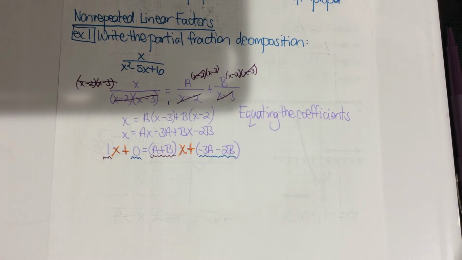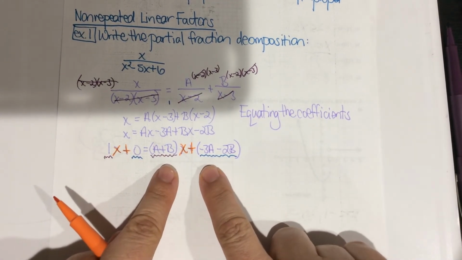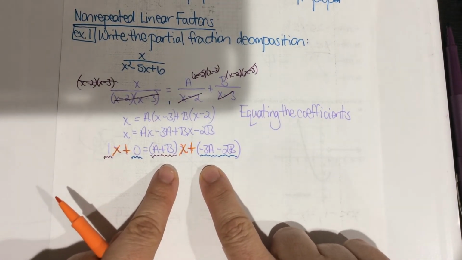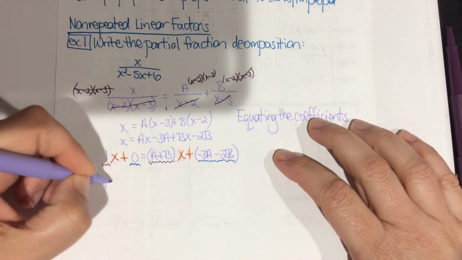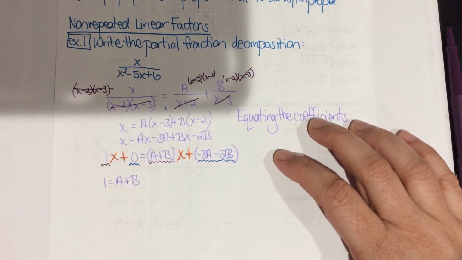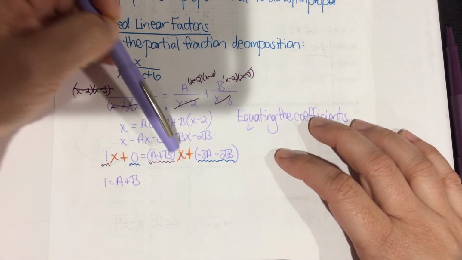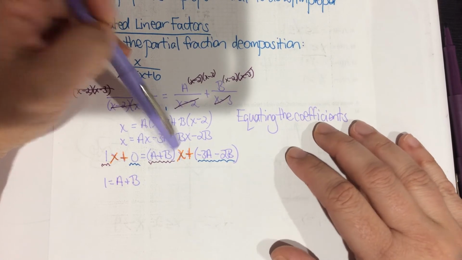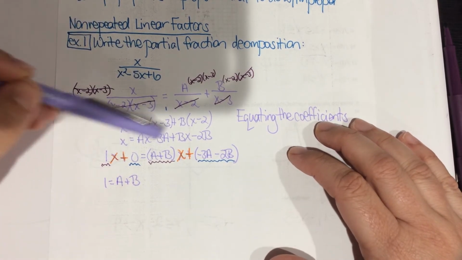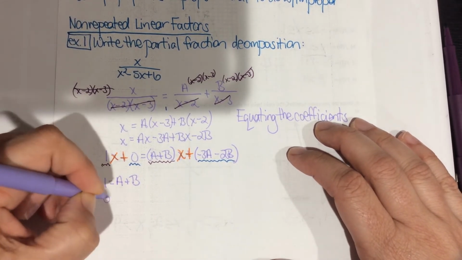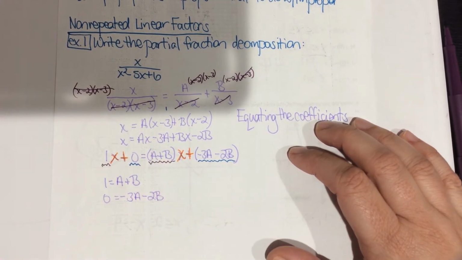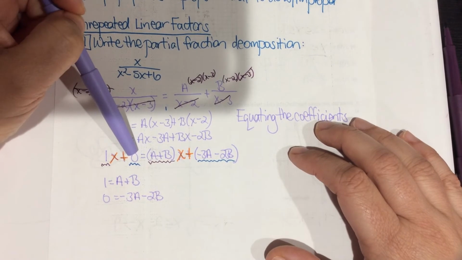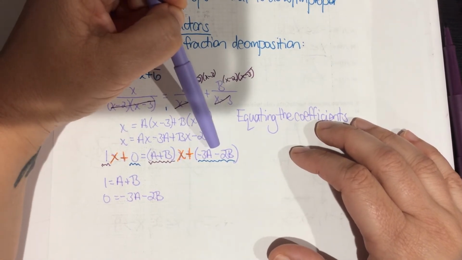Do you see that? This side is a lot more complicated, but it's the same format. If the left side equals the right side, then I know for sure that 1 has to equal A plus B. There's no way around it. The coefficient of x has to equal the coefficient of x. And for the left side to equal the right side, also 0 has to equal negative 3A minus 2B. The constant term has to equal the constant term.